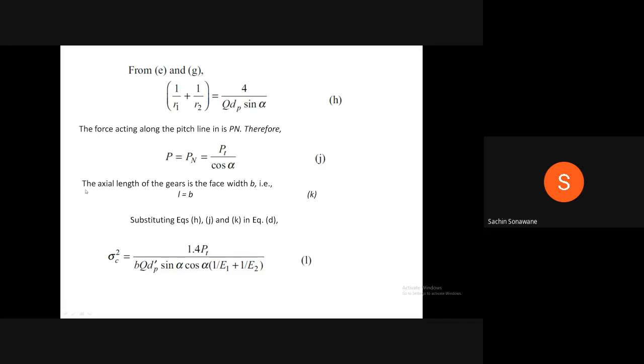Equation J. The axial length of gears is the face width B. Therefore, L is equal to B. Equation K. Therefore, substituting equations H, J and K in equation D, we get sigma c square is equal to 1.4 Pt divided by B Q dp sin alpha cos alpha into bracket 1 upon E1 plus 1 upon E2, equation L. Therefore, write down these four equations. Consider here 1 upon R1 dash and 1 upon R2 dash.